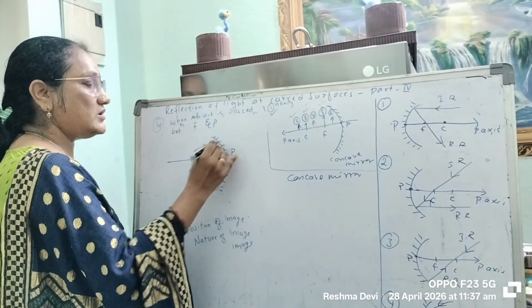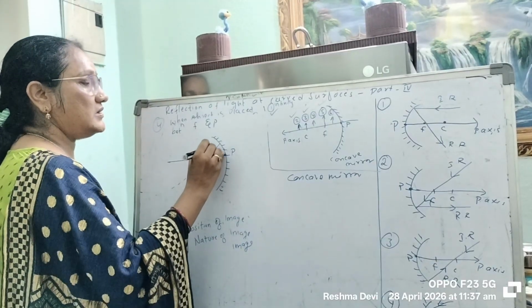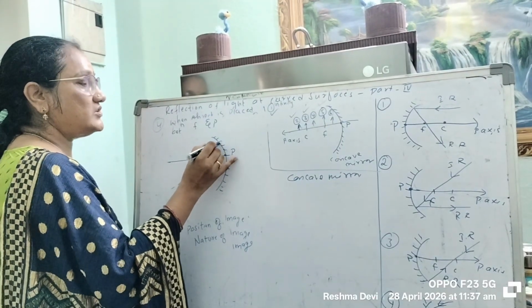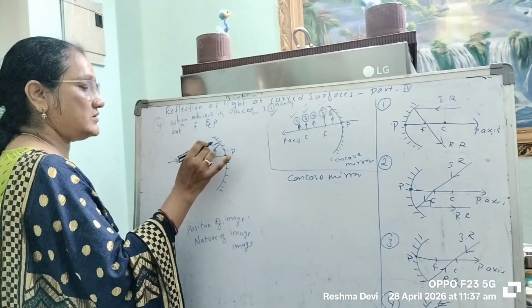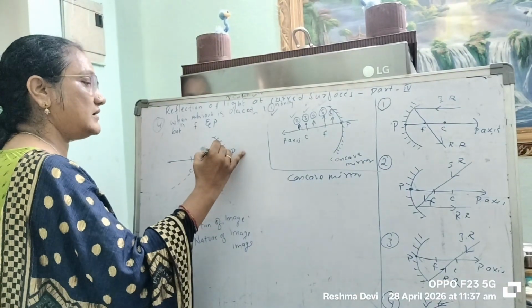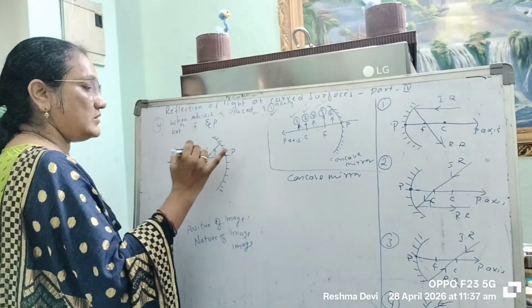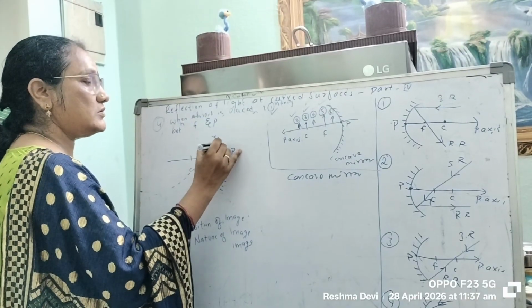One passing to the focal point. Okay. After reflection, they travel parallel. Another parallel ray you draw.